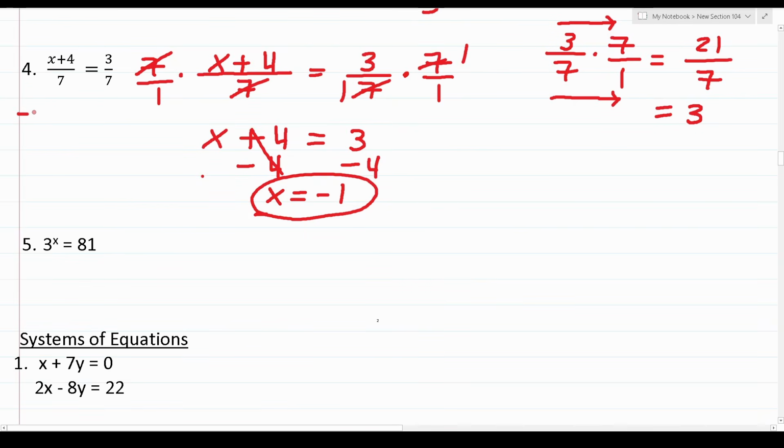So this becomes negative 1 plus 4 over 7 equals 3 over 7. And if this turns out to be a true mathematical statement, then we know we did our work correctly. Negative 1 plus 4 is 3, so this is 3 over 7 equals 3 over 7, and that is in fact a true statement. So therefore, we know x is in fact negative 1. All right, so that's that one.